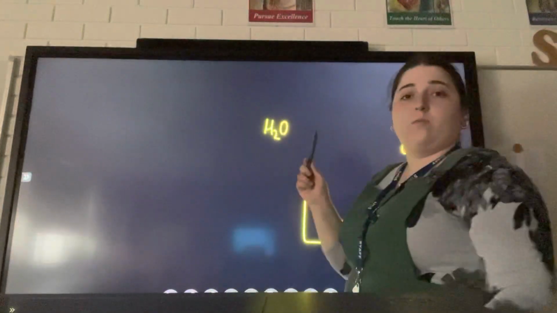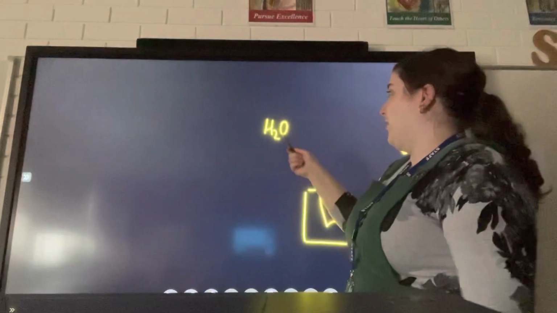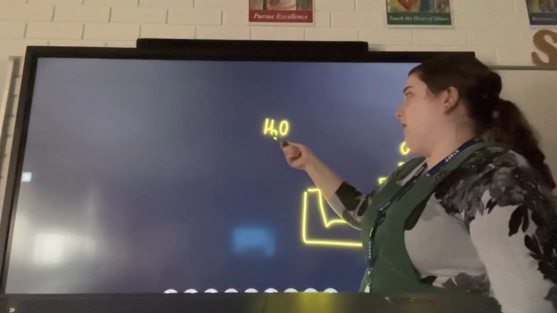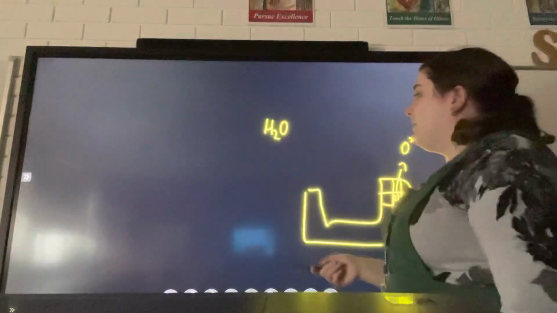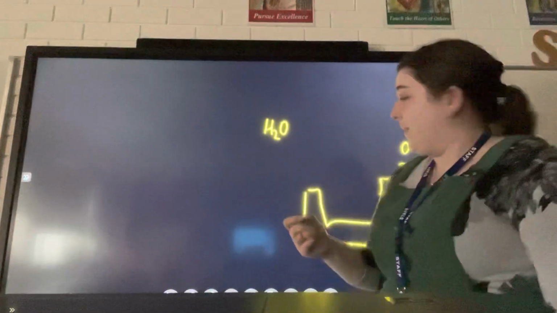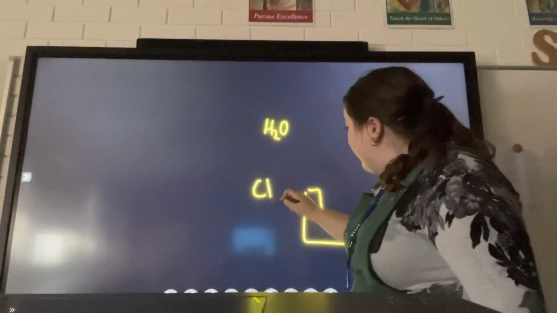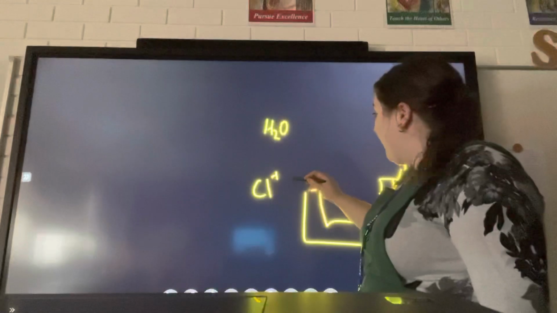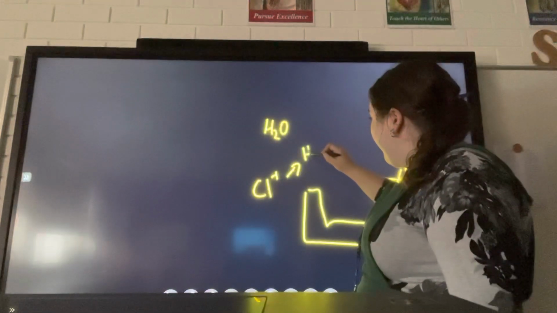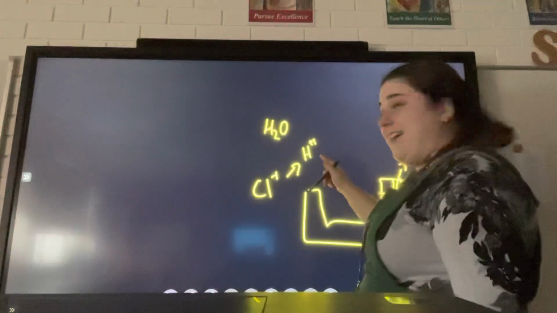So it wants to be balanced, so it's going to take 2 hydrogen, because hydrogen will release 1 electron, and oxygen wants 2, so it takes 2 of them. So you should be able to read a valency table and be like, yes, I see this element here, chlorine, wants 1 electron. So it can bond with anything that will give it 1 electron.